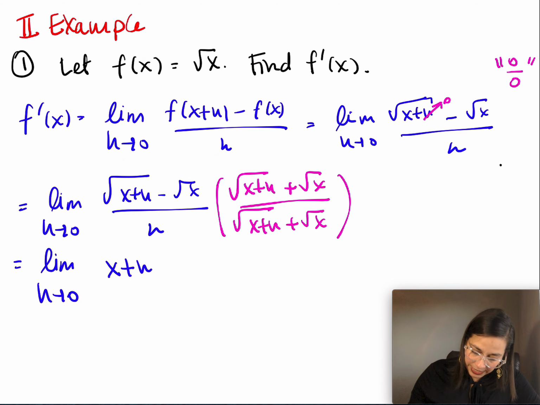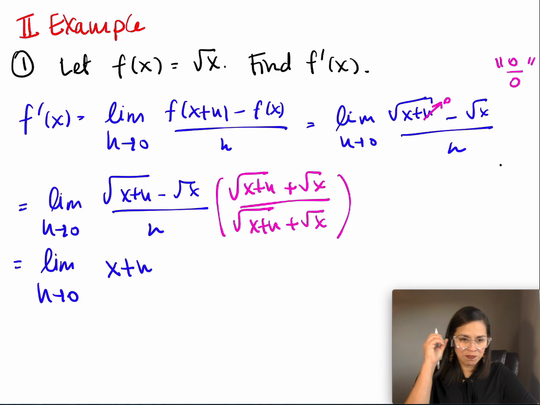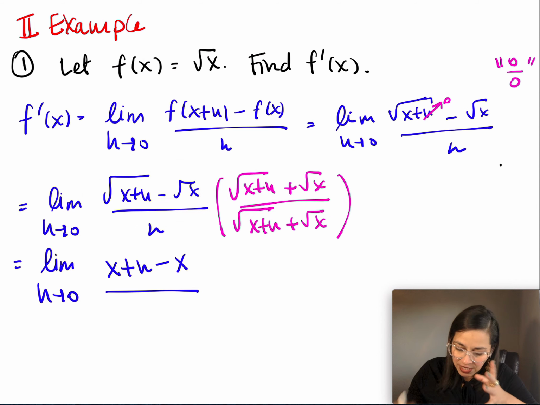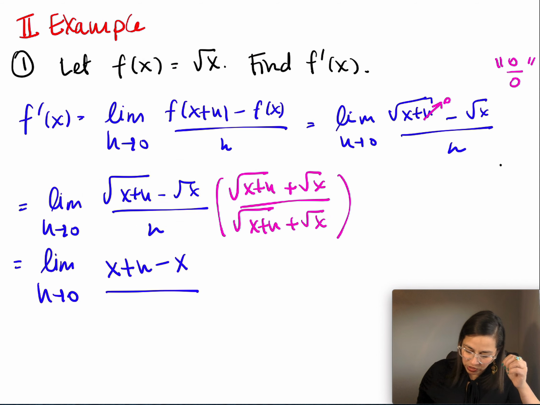Then I do root of x plus h times root of x minus the same thing, so that goes away. And then I have minus root of x times positive root of x, so I get root of x squared, minus root of x squared. So I end up with minus x all over. And then just by looking at this, I know what's going to happen, right?